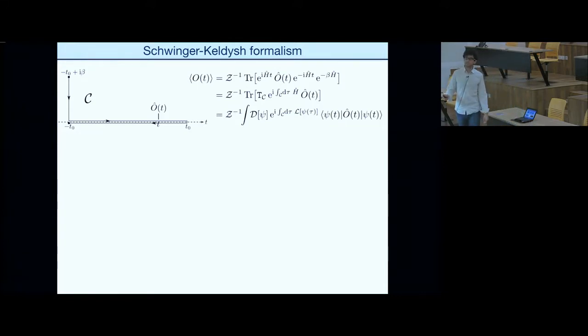And so this is in the operator formalism. Here I reduced my expression by introducing this time-ordered contour, where this vertical piece is to deal with the initial density matrix. Basically, it's a Matsubara kind of imaginary time integral. And then I'm going forward, I'm measuring my stuff, and then going backward.